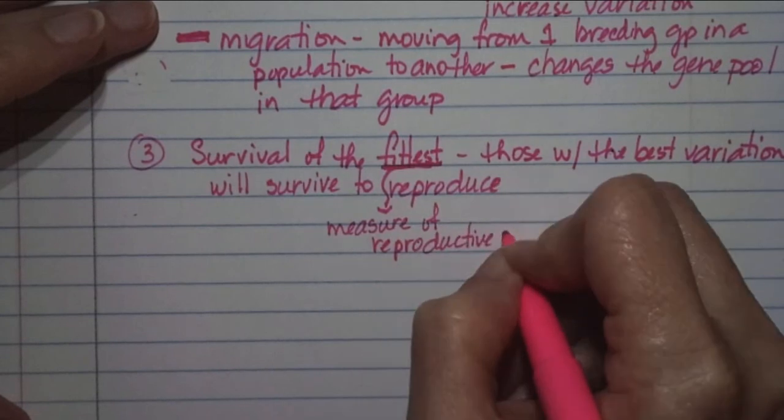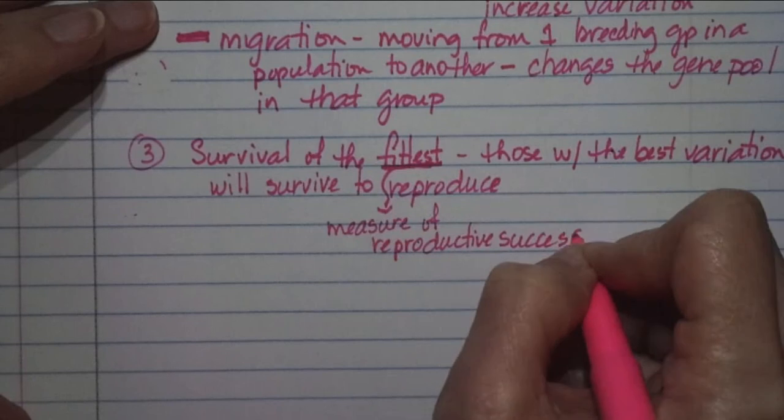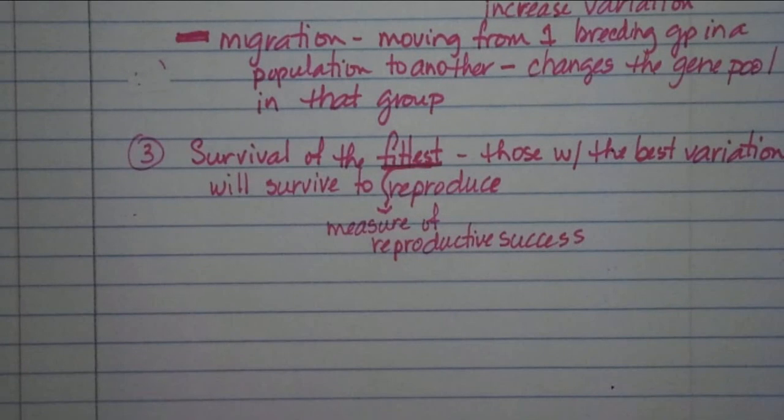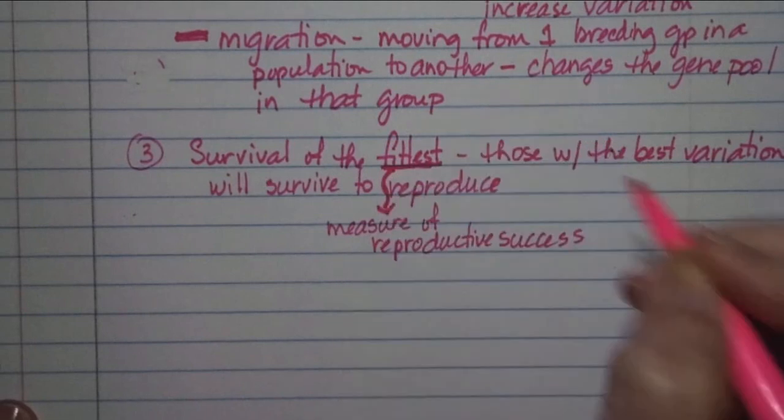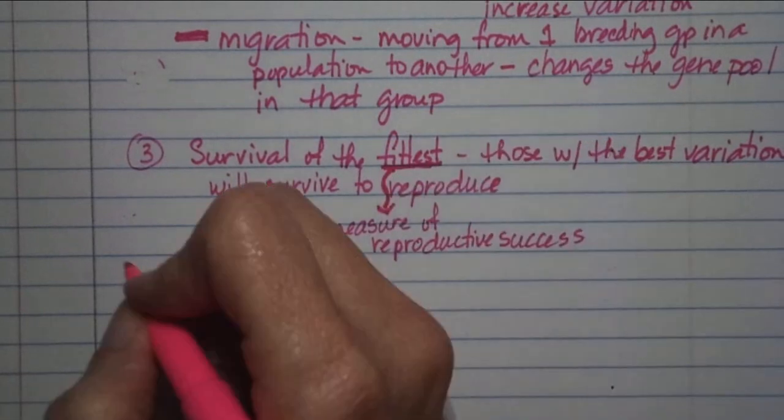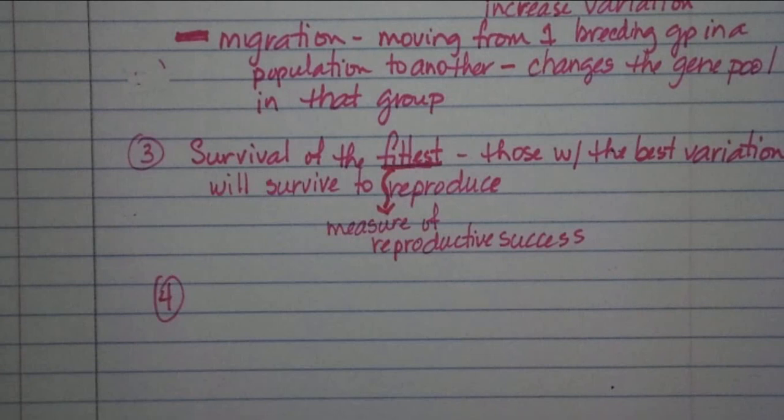Okay, and then the fourth one, and I could blob the step 3 and 4 together, but I like separating them out. Makes me happy. Those that survive pass their variations on to their offspring.